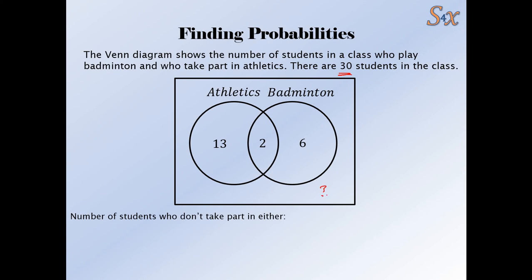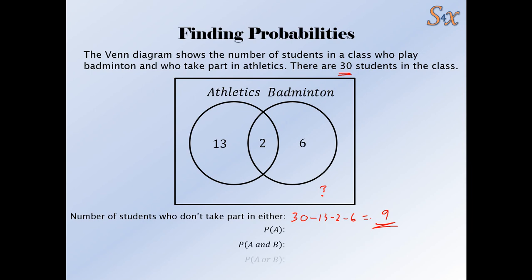These are the people on the outside, aren't they? So this is the number of people who don't do athletics or badminton. Well, we know they add up to 30. Yeah, so if I do 30 minus 13 minus 2 minus 6, that'll leave me with how many don't do either, which is 9. Okay? Because I know there's 30 students in that class. It's told to us in the question.